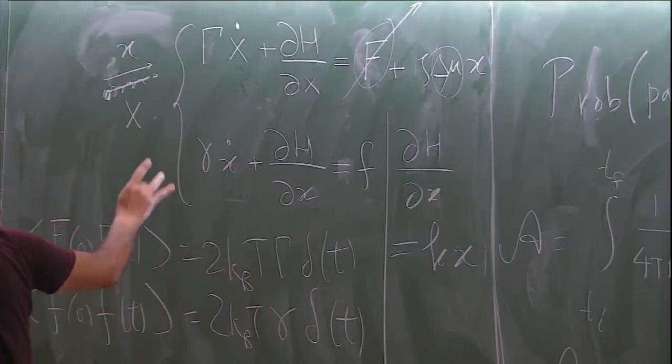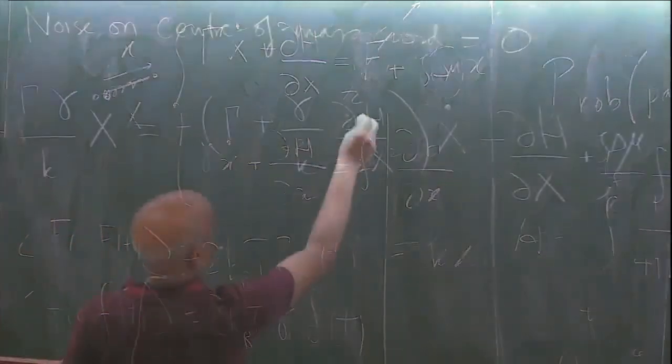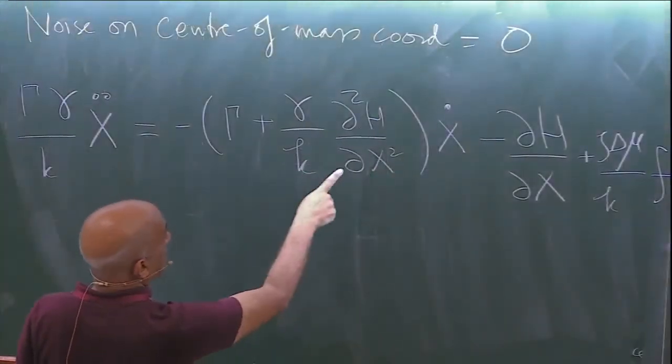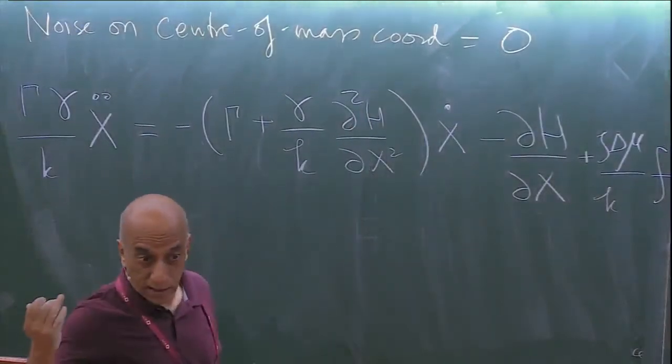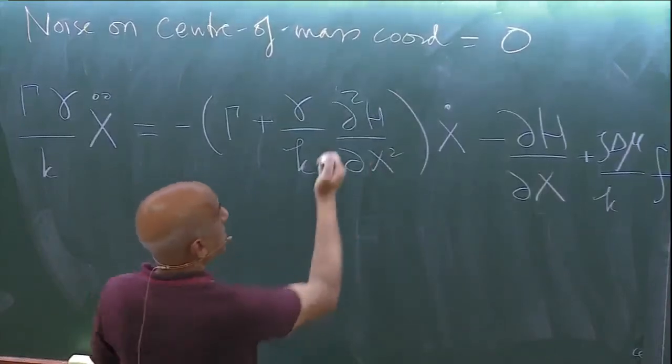Okay? And that manifests itself in great detail here in the following limit. Supposing, this is general, supposing h was purely quadratic in capital X, then this term is just capital K. Right?